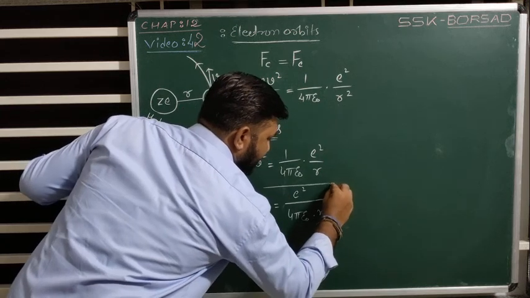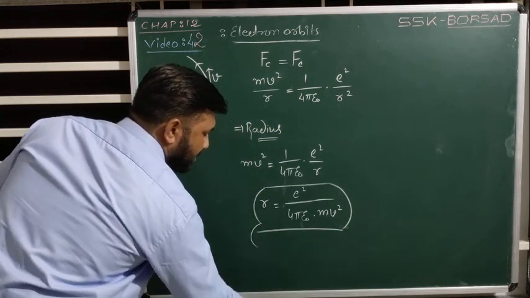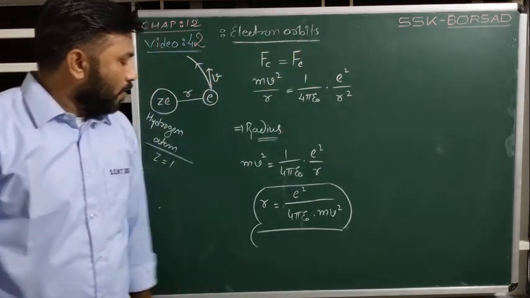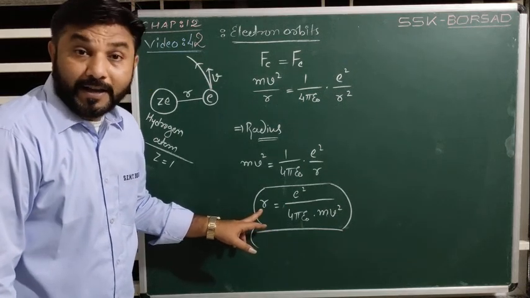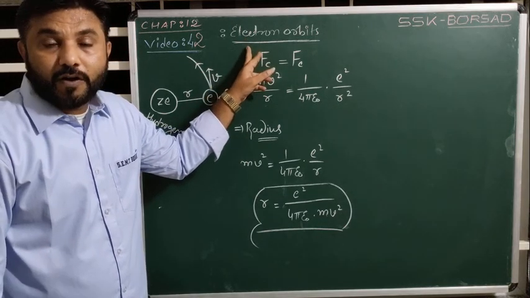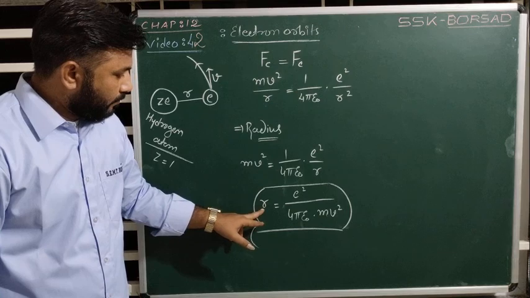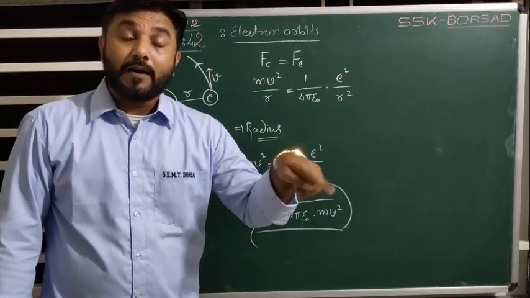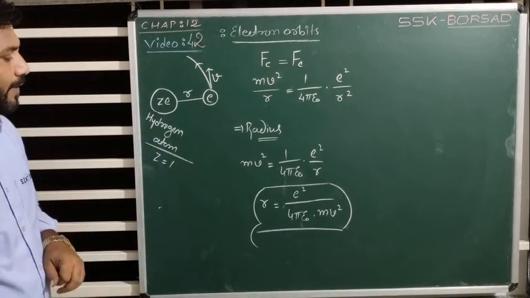So this is the equation of the radius of the electron orbit, and it also shows the relationship between the radius of the orbit and v, the velocity of the electron moving around the nucleus. Clear? Very simple thing.